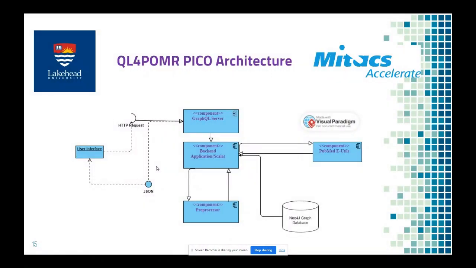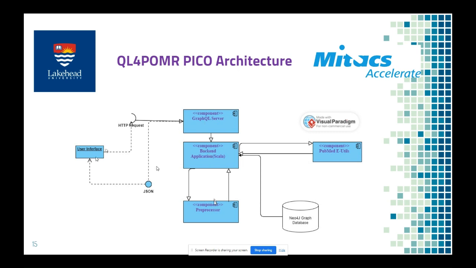So this is our architecture, the query language for POMR. Here we see that we have a user interface directly connected with the GraphQL server, and the GraphQL server is connected with the backend application in Scala, which utilizes other components.